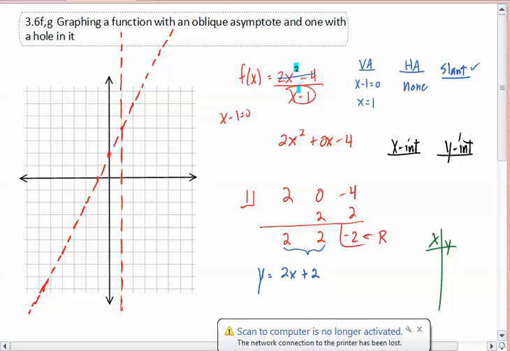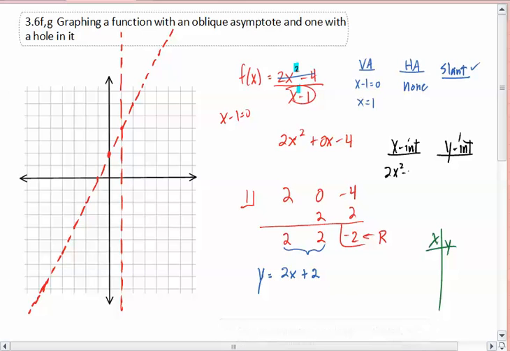We make the y a 0, so we have 2x squared minus 4 is equal to 0, and you can do the math on your own, I get plus or minus square root of 2. That is an irrational number, but it's not imaginary, so I'm going to put 1.4-ish and negative 1.4-ish, something like that.